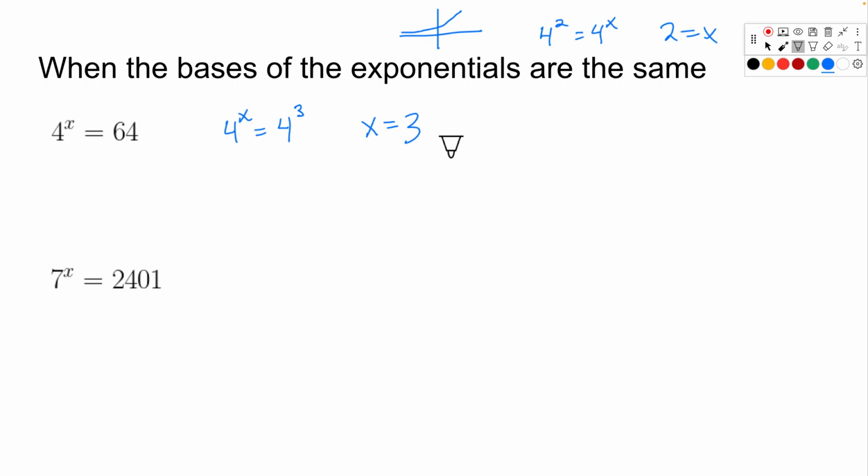So I would just start 7 times 7 times 7 and see how many times I have to multiply by 7 so that I can rewrite this as 7 to the x equals 7 to the what? I need some help here. I didn't memorize my exponential tables.